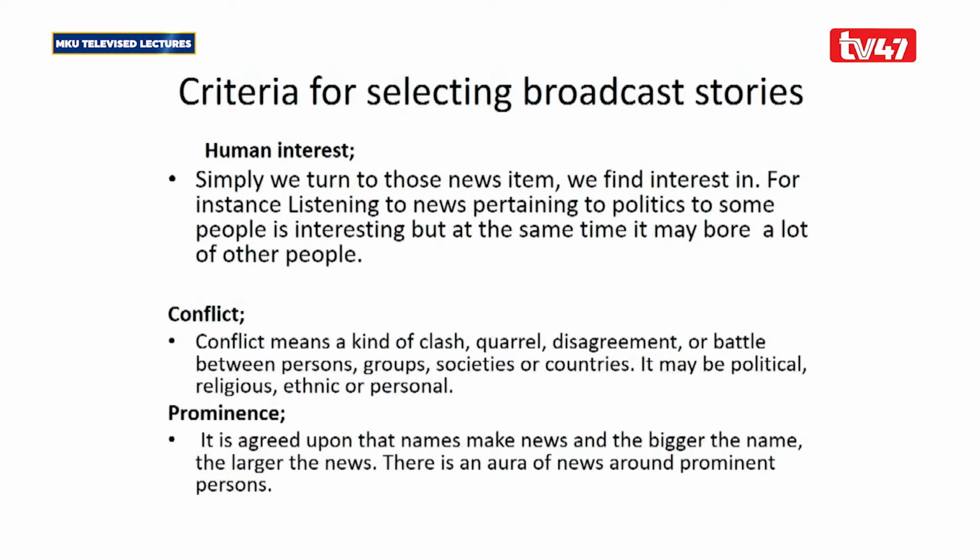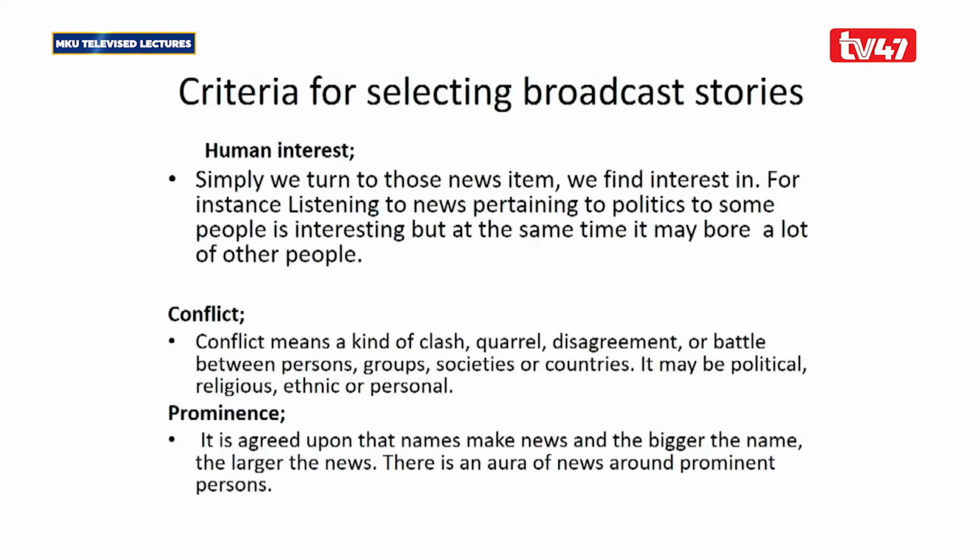For example, in our country, there's a conflict in the party known as Jubilee, whereby we have those who are supporting the deputy president and those who are supporting the president. So there's a conflict there. What we are simply saying is, go and identify the level or the magnitude of that conflict. That is what will determine whether you are going to feature that news item within your report or whether you're going to broadcast that.